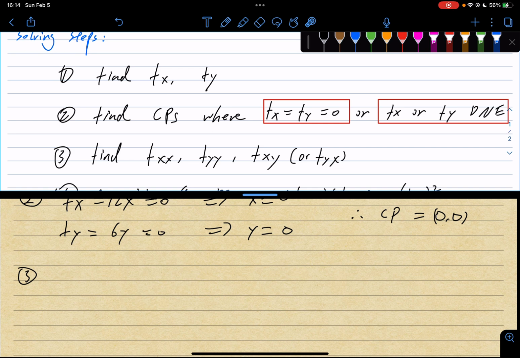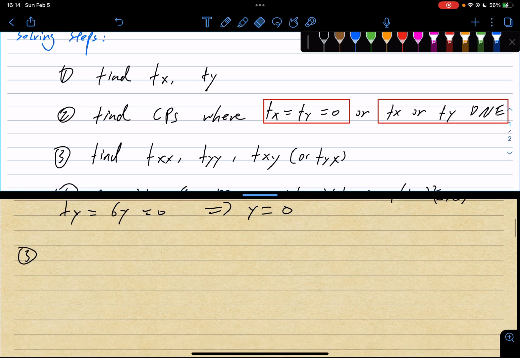I don't think you will be wrong going for each one of them, but just keep in mind they can be different. If it's not a function that's guaranteed, these two may not be the same. But in maximum minimum problems, most of the time it is, and I don't think you need to test both of them. Okay, let's keep going.